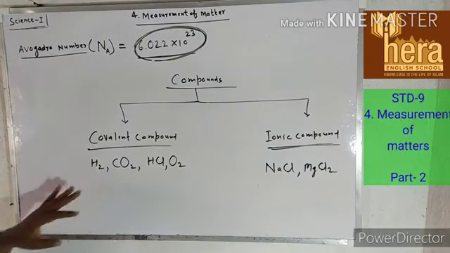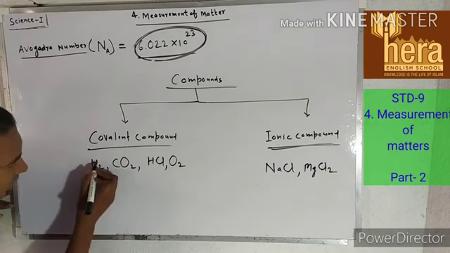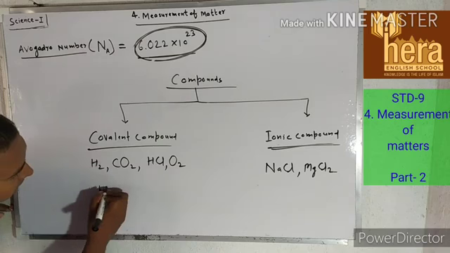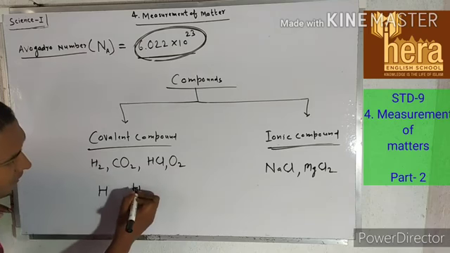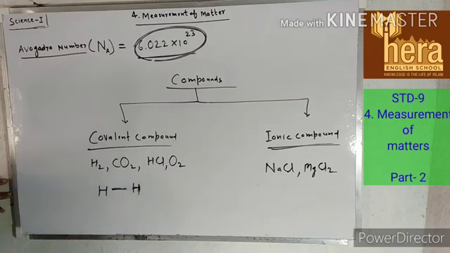Okay. So in this case, H2 means there are two hydrogen atoms. In H and H, there is a single bond.